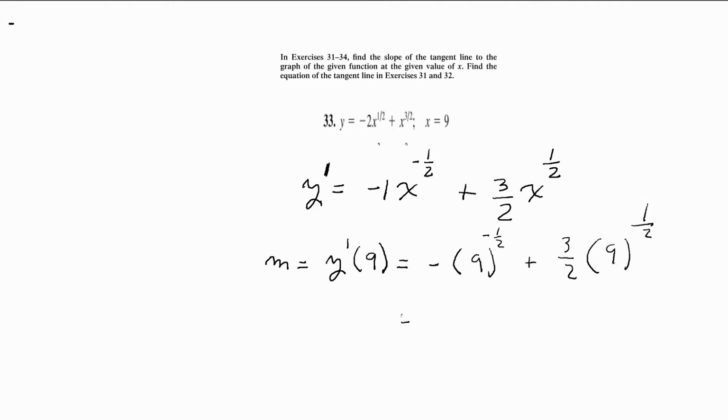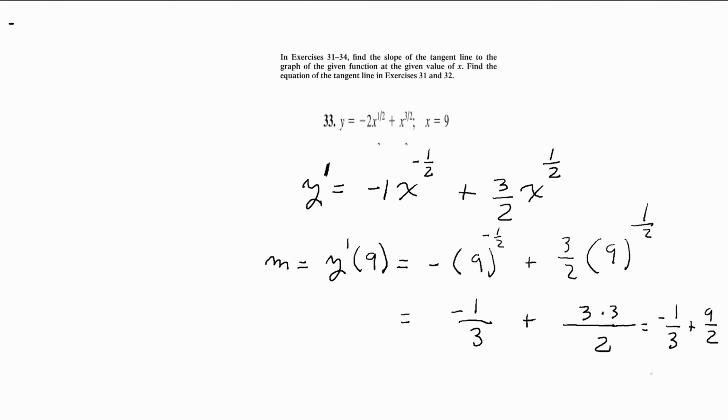Okay, so the square root of 9 is 3, so it's negative 1/3 plus 3 divided by 2, and here we have the square root of 9 is 3. So what we find out is that our slope is negative 1/3 plus 9/2.